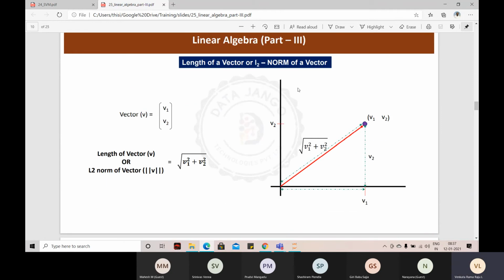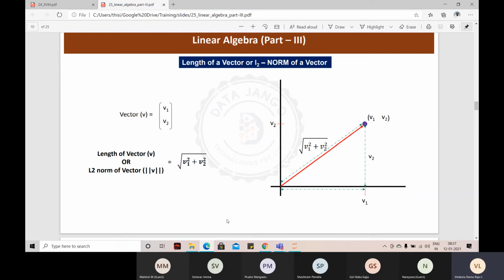And then we have used this also in SVM when we were explaining. Norm of a vector is the length of the vector, basically. If you take a data point, this vector can be represented as a data point. You say it is a vector when it has dimension, direction and magnitude. From the origin it is going in that direction.